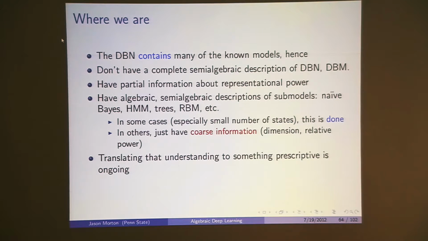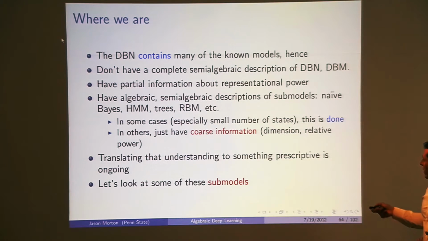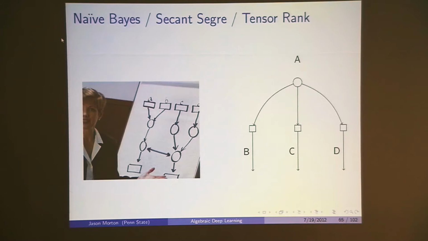And of course, translating this understanding to something we can use, something prescriptive that says you should use this model for this kind of problem, is an ongoing project, but one critical to the whole endeavor. So let's take a look now at some of these submodels, and I'll say a few words about some of the things we understand about all of these.